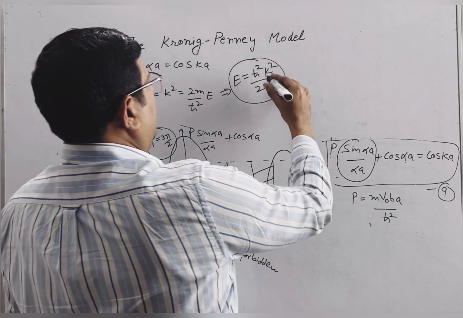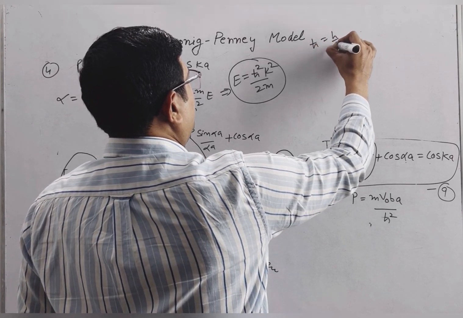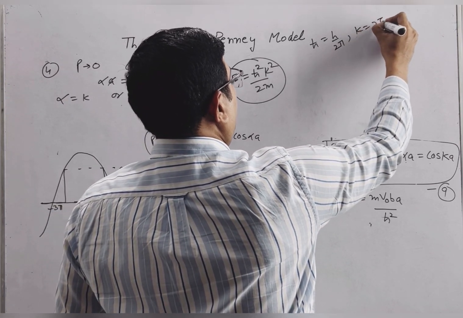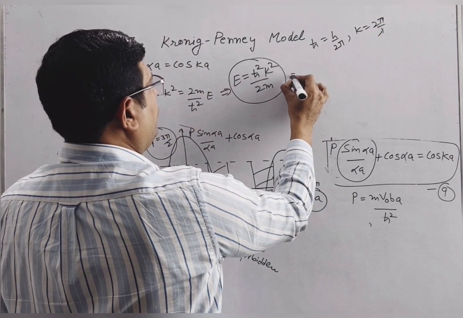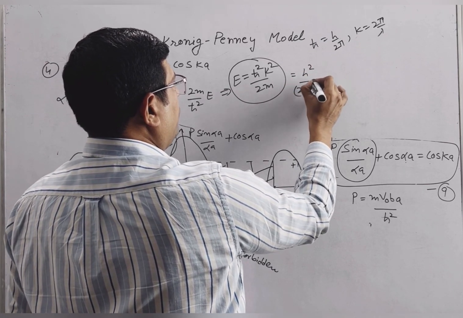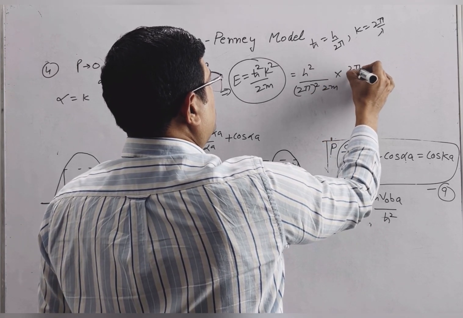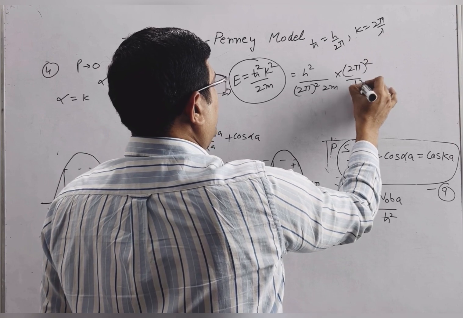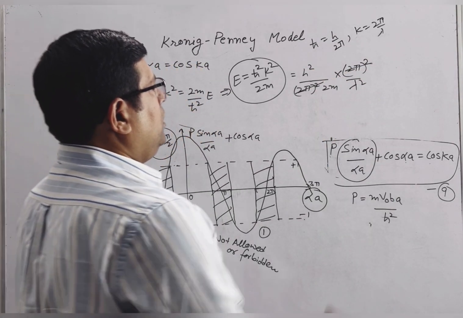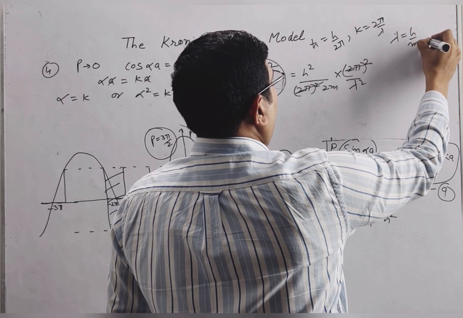Now, if we put the values of h cut, which is h upon 2 pi, and K, which is 2 pi by lambda, we have h square upon 2 pi square into 2m, into 2 pi square upon lambda square. So 2 pi square cancel, and here lambda equal to h upon mv.